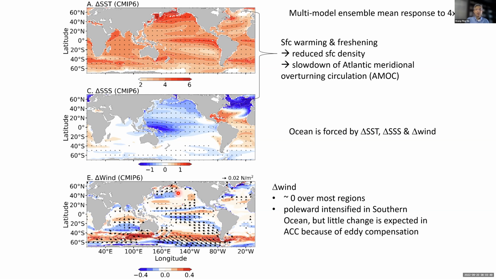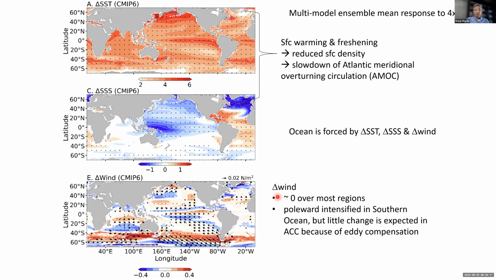So I'm showing the 3 surface changes because they are traditionally taken as surface forcing from the atmosphere. So basically the SST change, surface salinity change, and surface wind change represent 3 distinct forcings to the ocean.